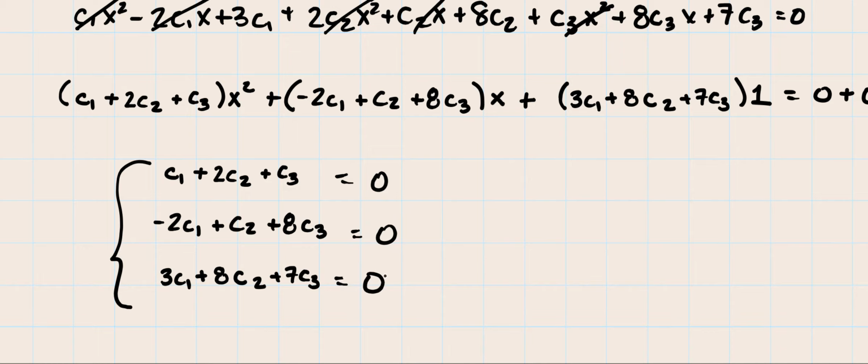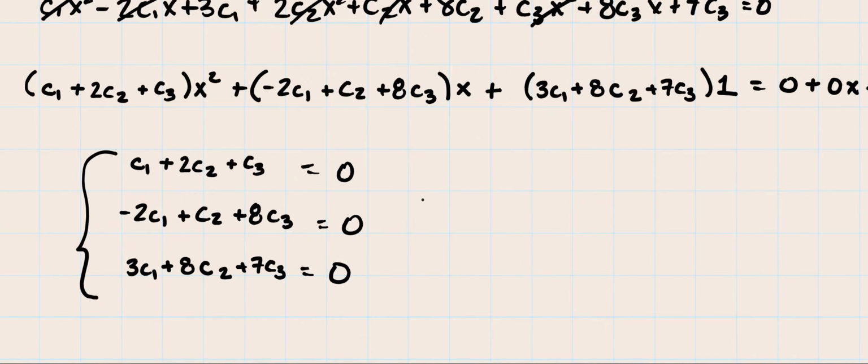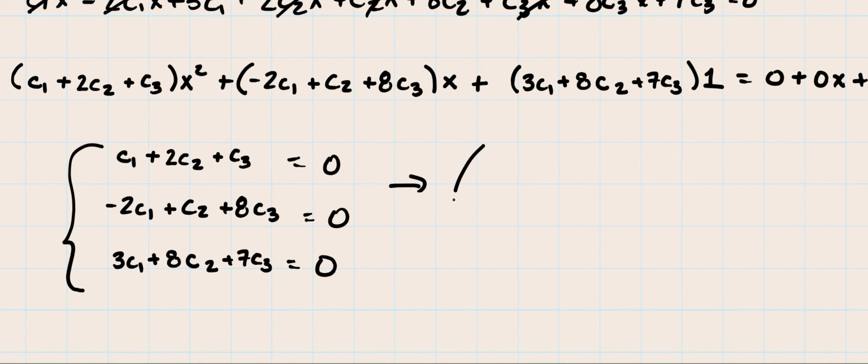And we want to solve this system because we want to figure out what C1, C2, and C3 are. So then we make a matrix. Sorry, I don't know why my pen is dragging like that. Let's try to, there we go.